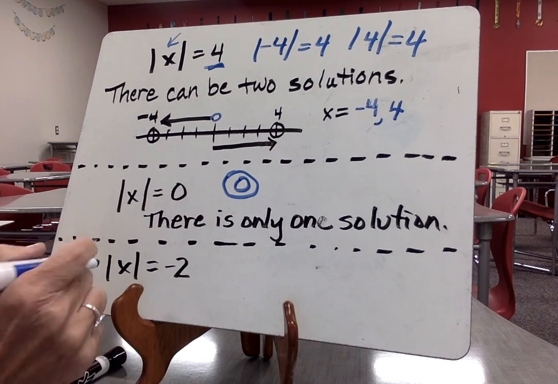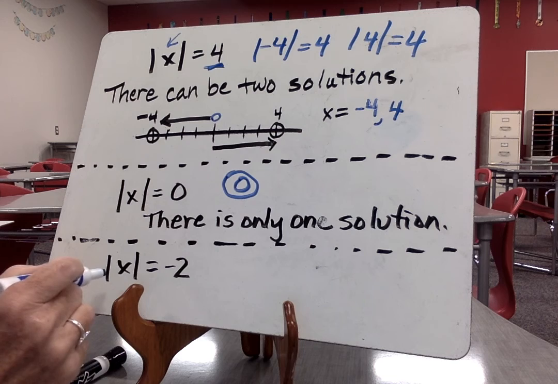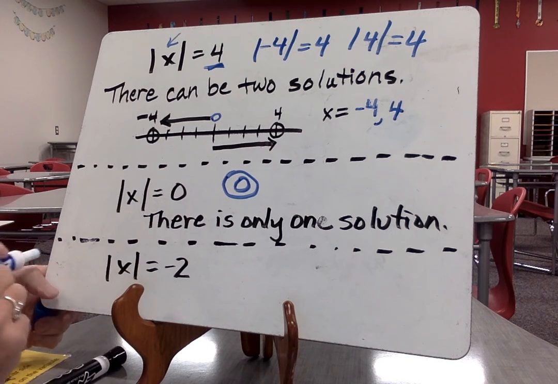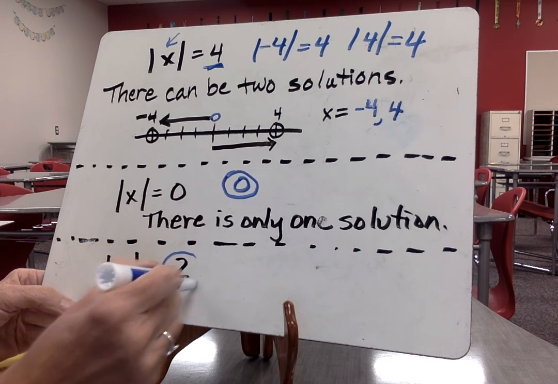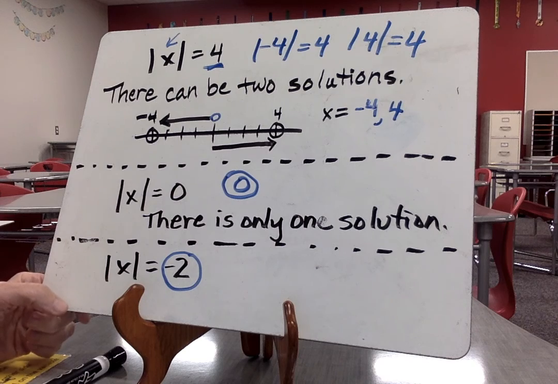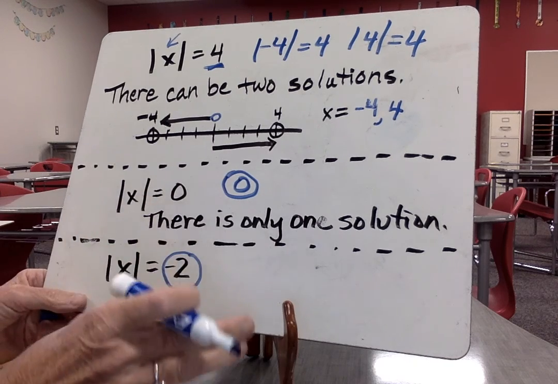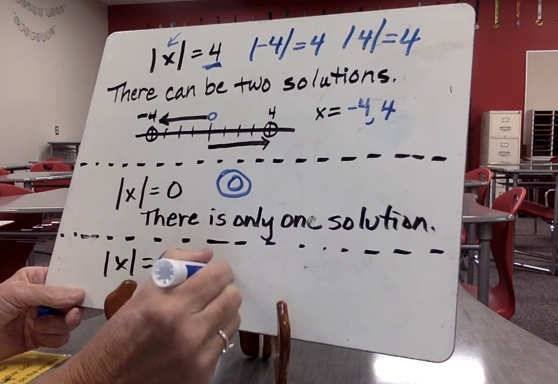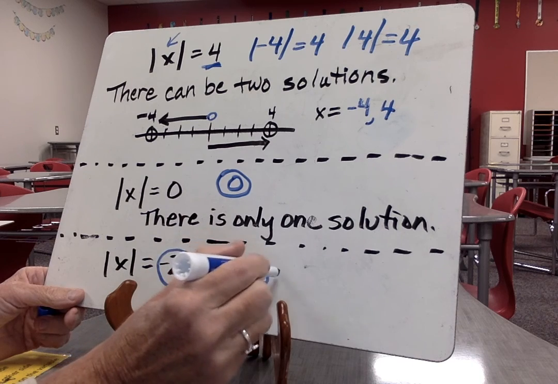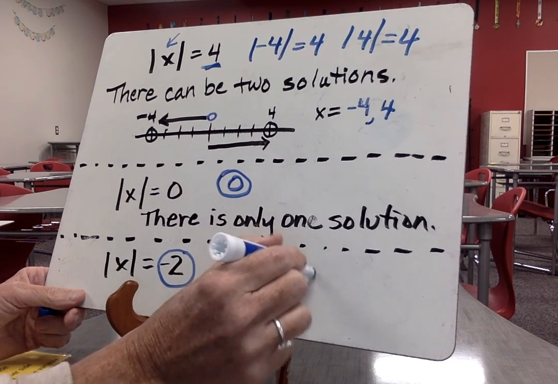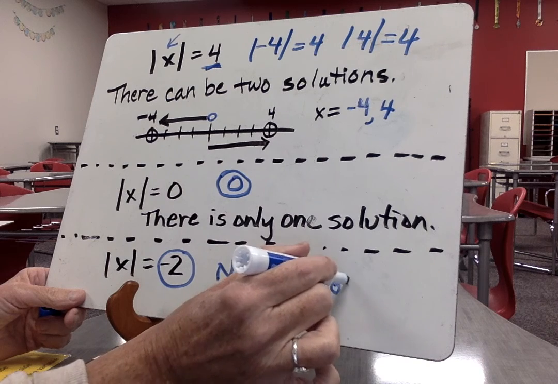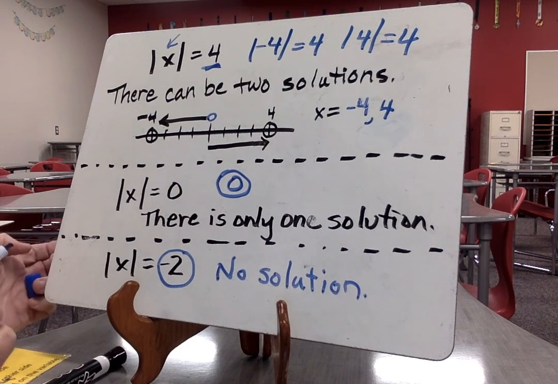Now we come down here and the original equation, absolute value of x equals -2. If your original equation has -2, distance is never negative. So there is no solution to this problem. And again, you should be taking notes, writing this down. And if I need to stop the video, then I can stop the video.